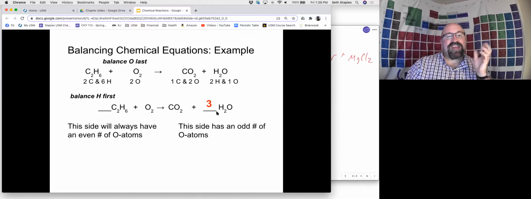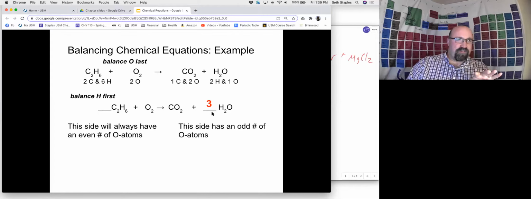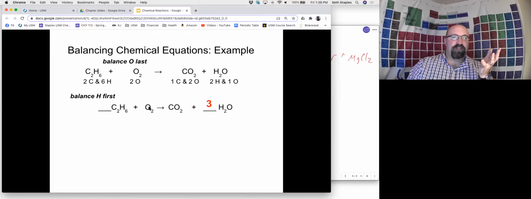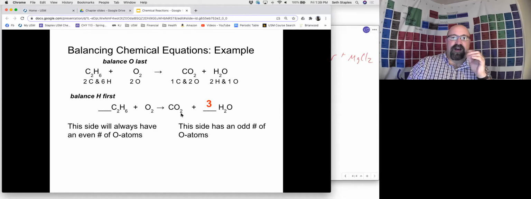And so we can see that we've run into a problem, and you'll see this sometimes, especially with these combustion reactions. This side is always going to have an even number of oxygens, because it's O2, and that's the only place that oxygen appears. This side is now going to have an odd number of oxygens, so we've got our O2 here, but now 3 H2Os.